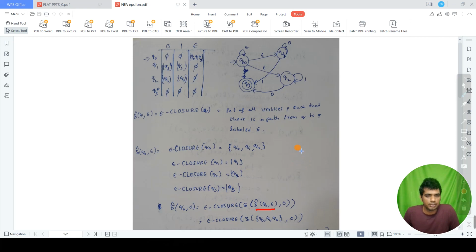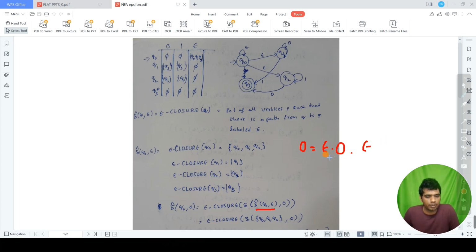Okay. Because if you see here 0, let's say what is the input here? 0. So this 0 can be written as epsilon 0 epsilon, right? Because epsilon concatenated with 0 is 0 only. Okay, there is no difference.